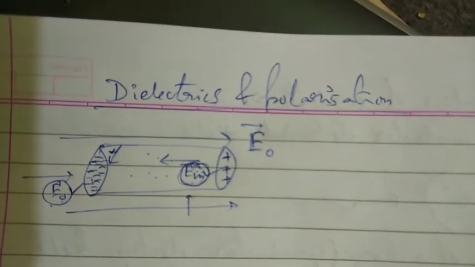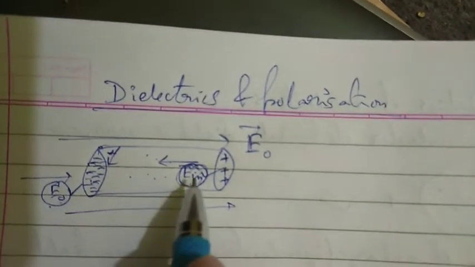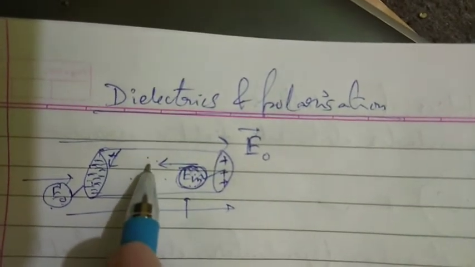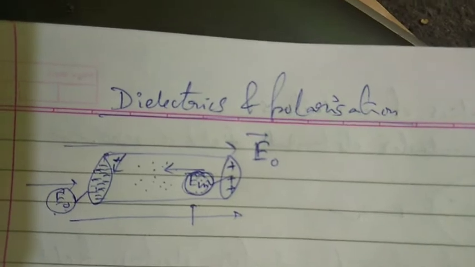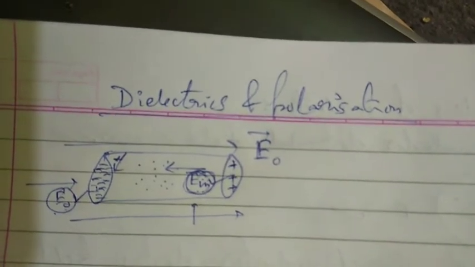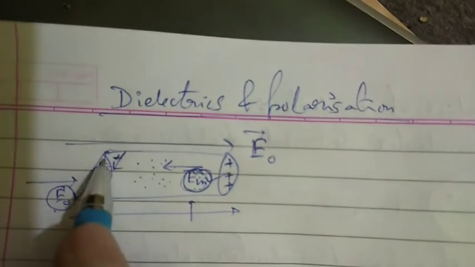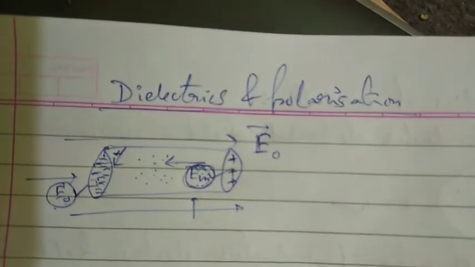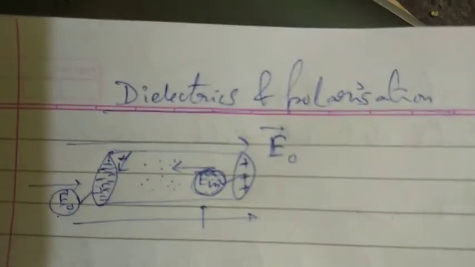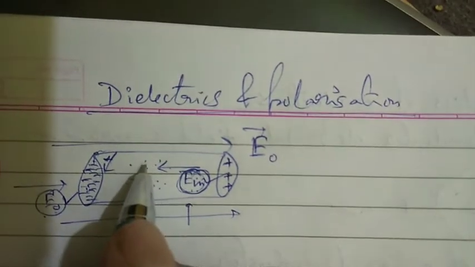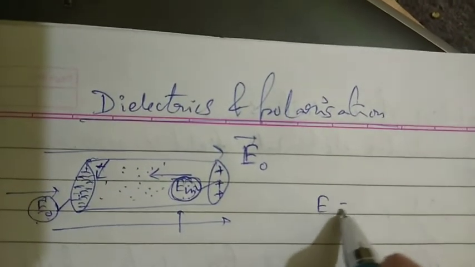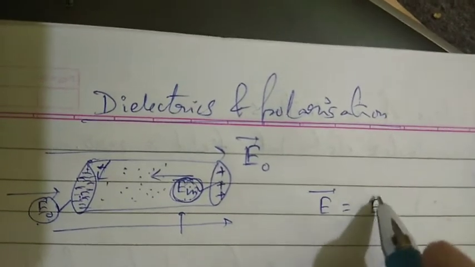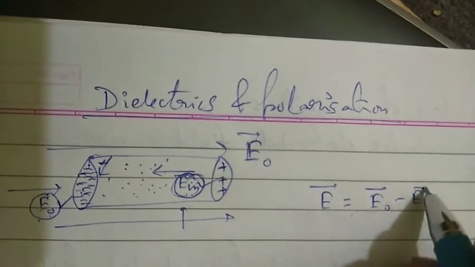Since the electric fields cancel each other, inside the conductor the electrons will not feel any force, so the accumulation of charge will stop. So this is how the electric field inside a conductor actually becomes zero.